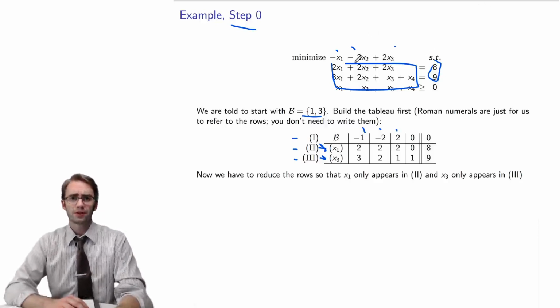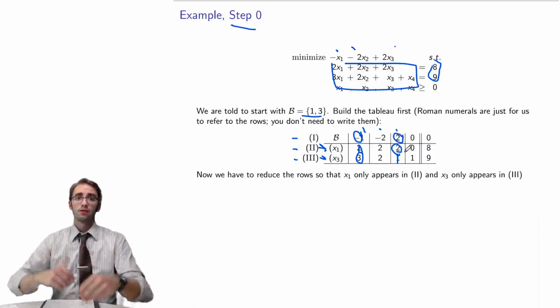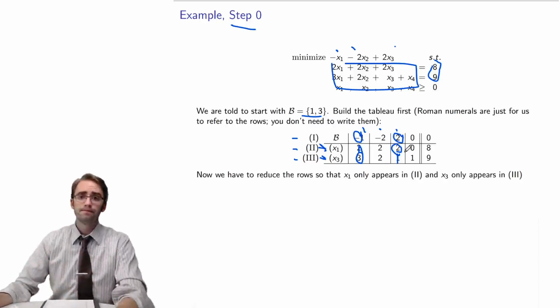So we have to reduce the row so that what happens? We want x1 to only appear in this second row, so we're going to have a 1 there, and we want zeros here and here. And then x3, we want to only appear in this third row, so we want a 1 there, which we happen to already have, although that's almost certainly going to go away, as you'll see in a minute. And then we want zeros over here.